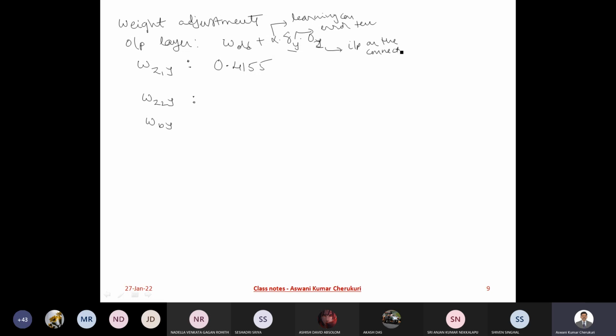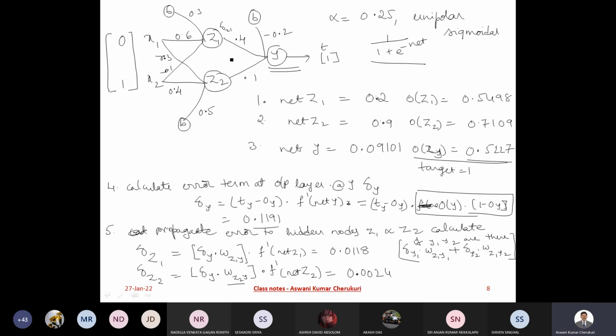Now we are calculating the new connection weight between Z1 and Y, so the corresponding input coming in over this connection is OZ1. Is that clear?